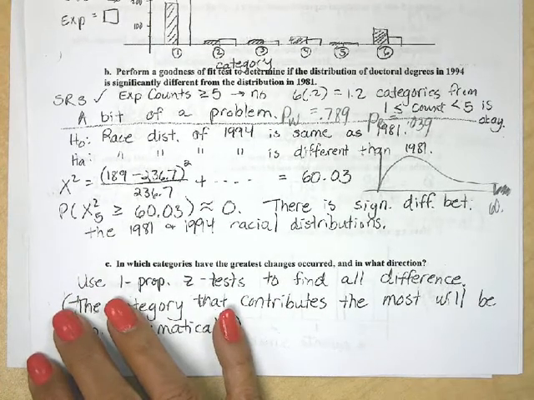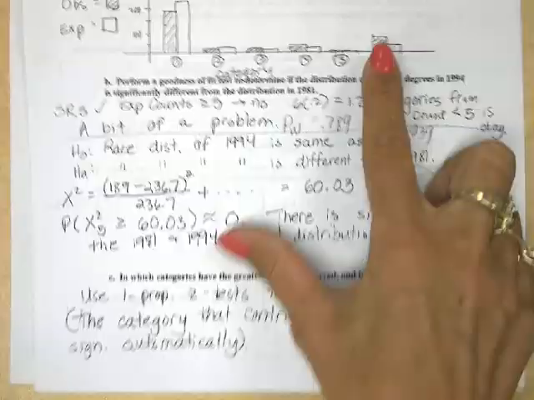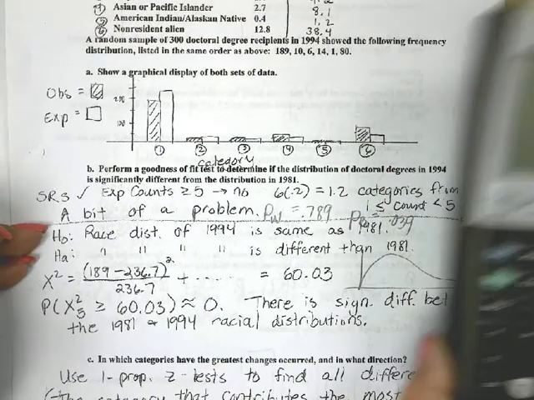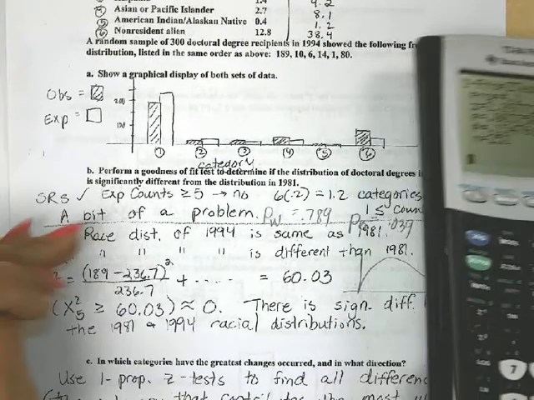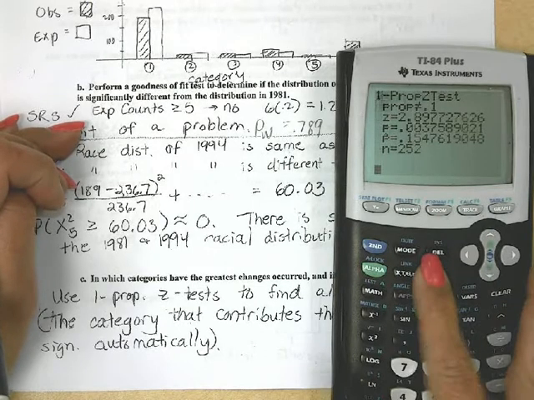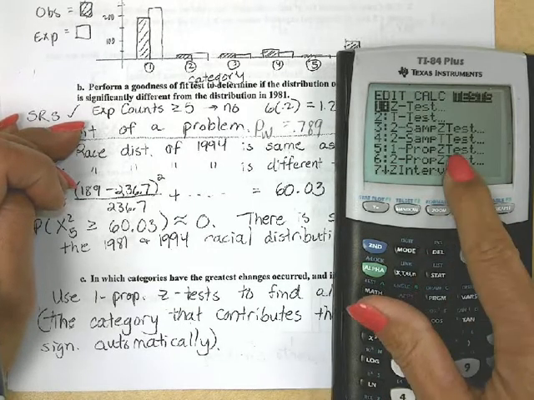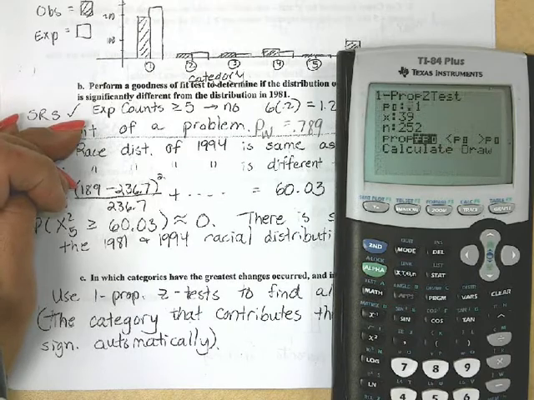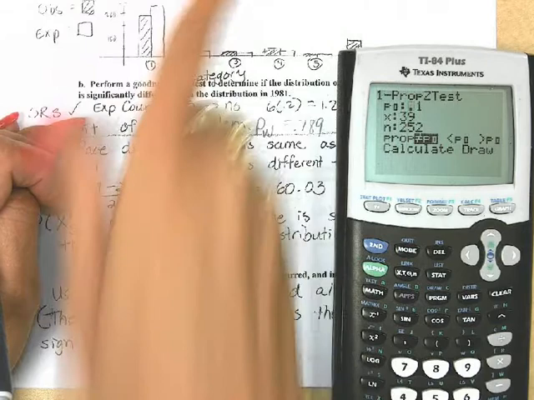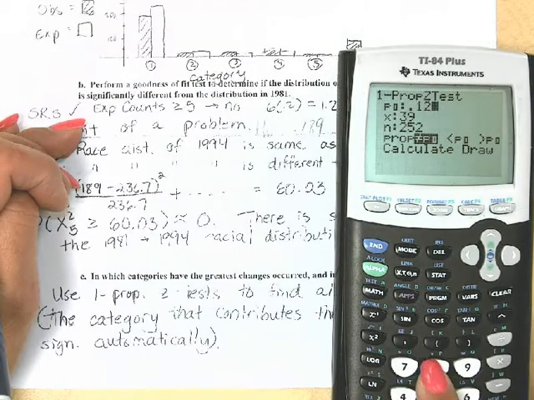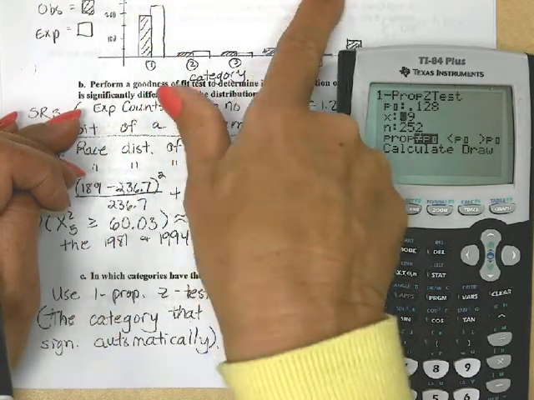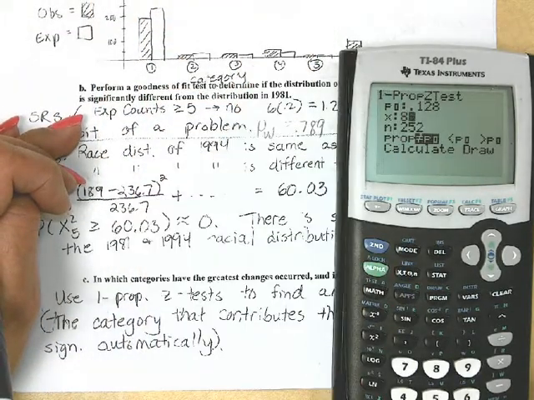Now, if we wanted to look at, say, this one category, the non-resident alien, I could do a one proportion z-test. I could go to Stat and Tests, a one proportion z-test. For the non-resident alien, we think the percent from the previous was 0.128, or 12.8%. We actually had for this 6th category 80 people out of 300.